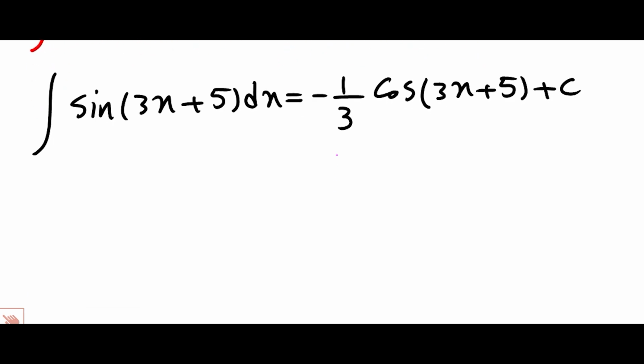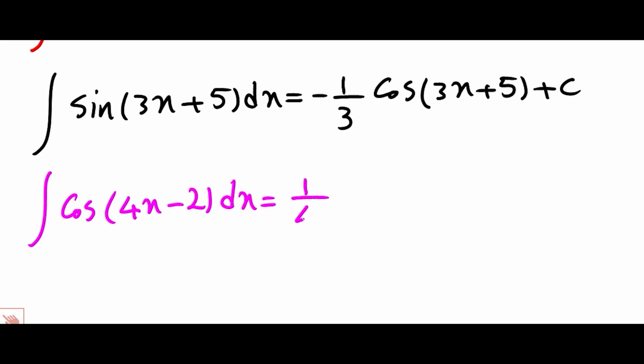Or, for example, the integral of cosine of 4x minus 2 dx equals positive 1 over 4. The coefficient is 4. So 1 over 4 sine of 4x minus 2 plus c.